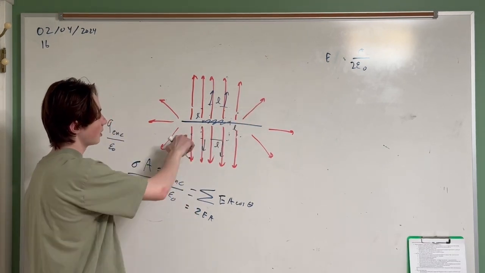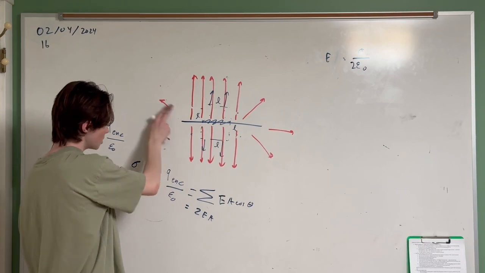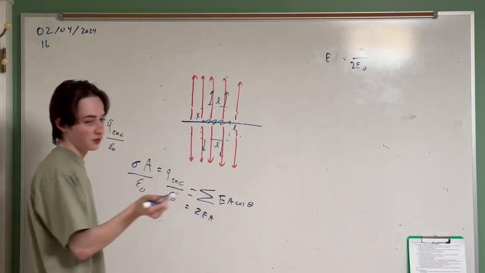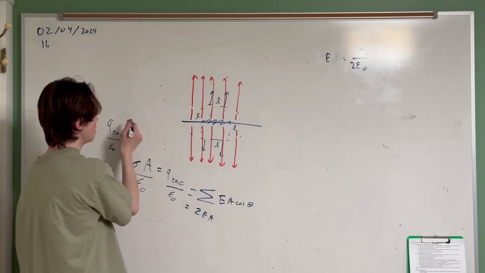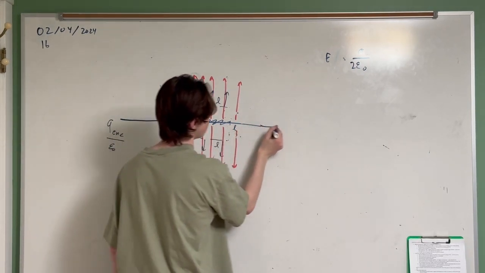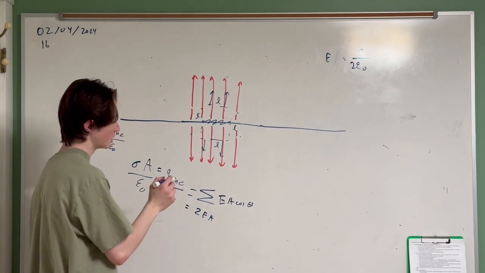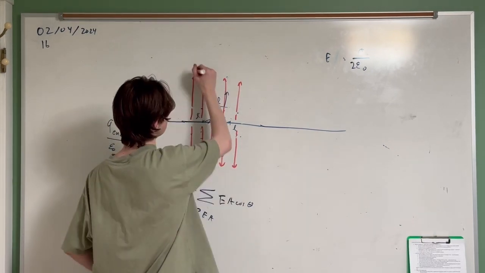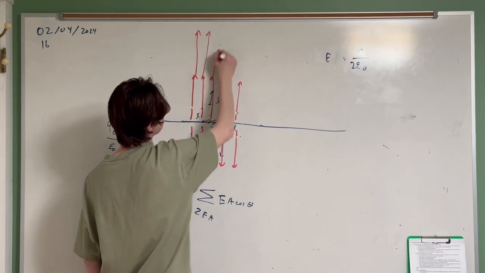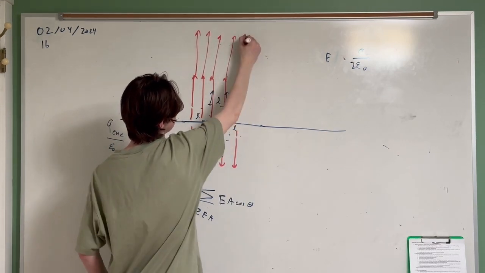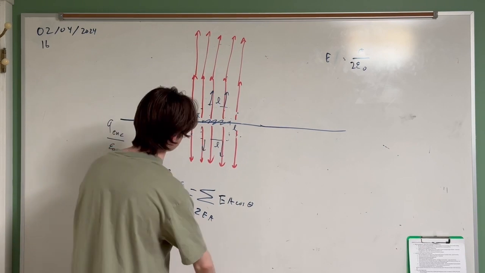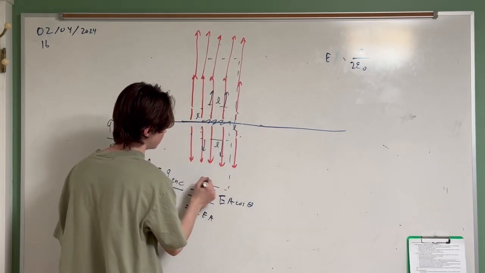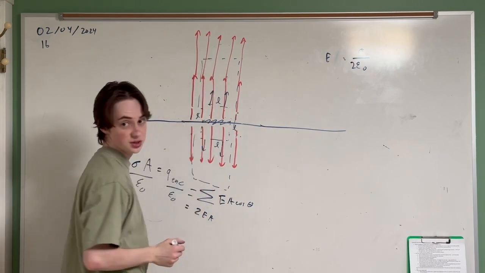And the really cool thing about this is, typically with electric field, as you get farther away, the electric field is decreasing. But in this situation with this infinitely large two-dimensional plate, it doesn't do that. As we get farther away, we could theoretically draw another Gaussian surface here.